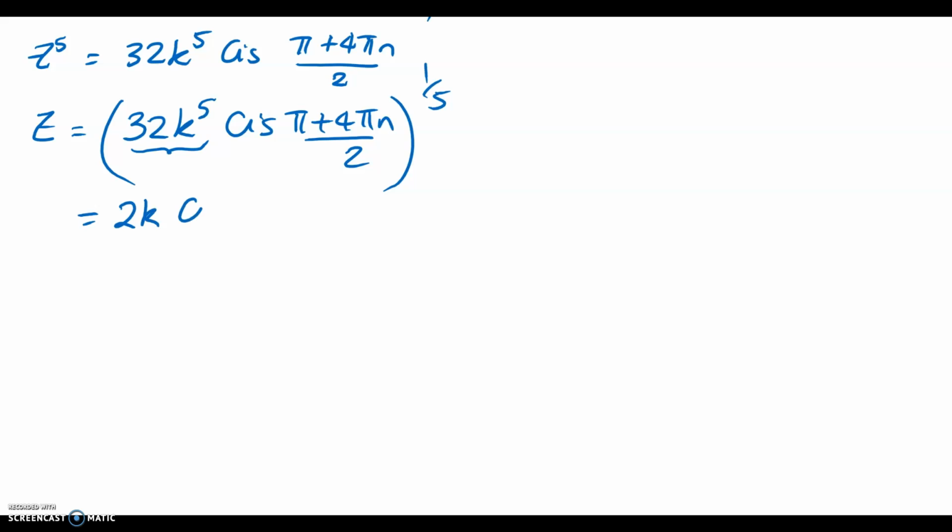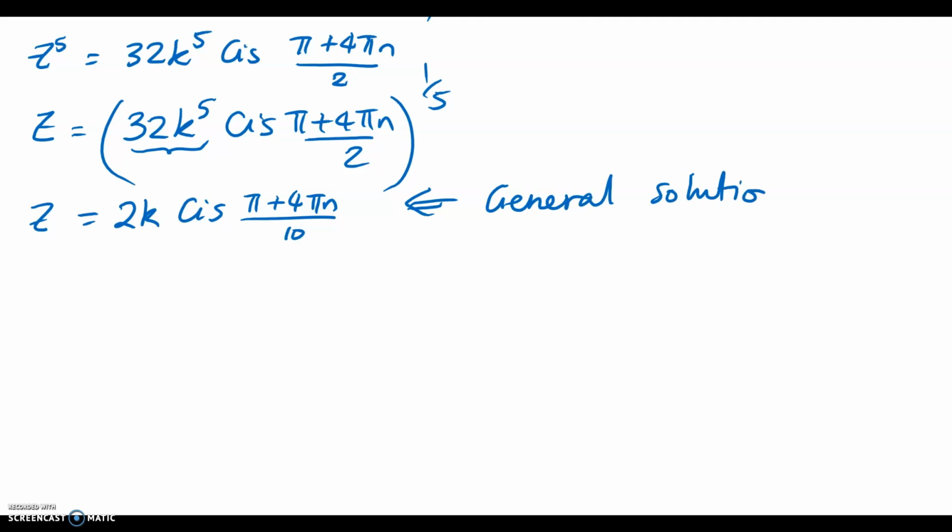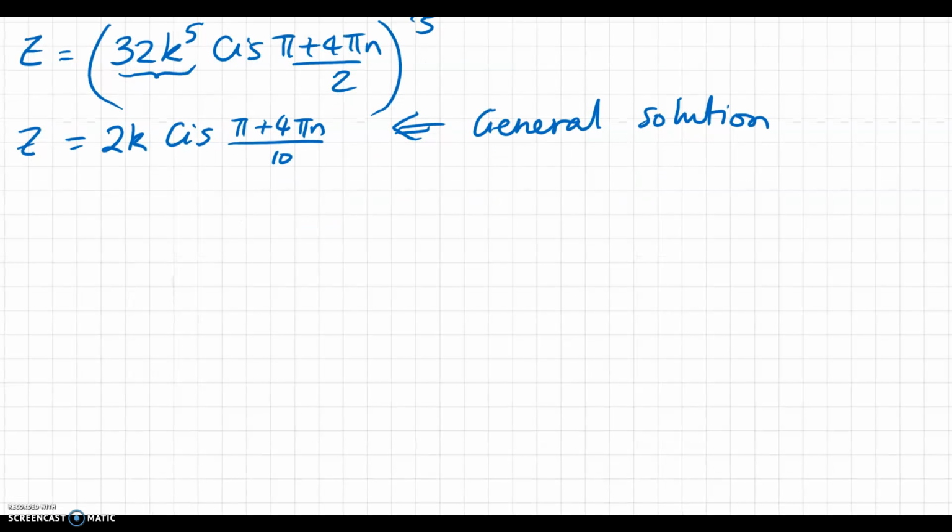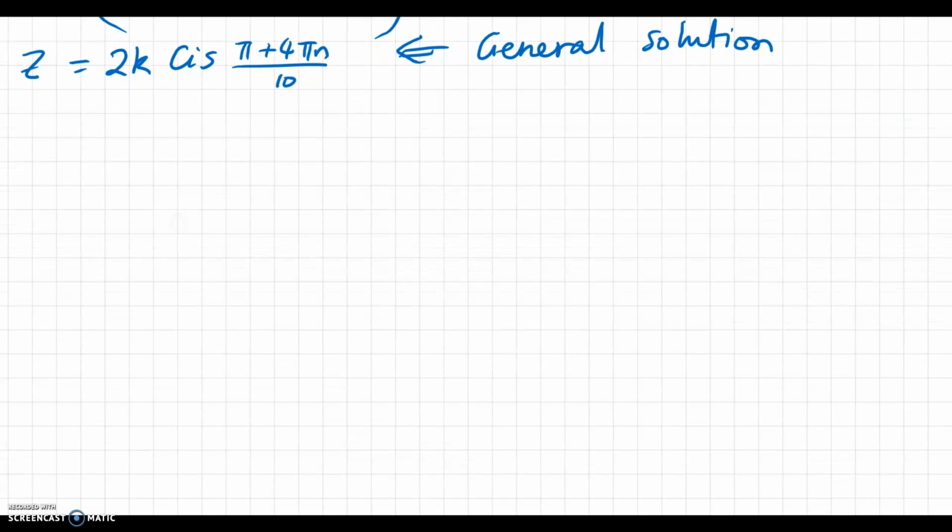And I'm multiplying the argument by 1 over 5, which gives me pi plus 4 pi n over 10. So this here is my general solution. Now I'm going to substitute different values of n to work out the particular solutions.